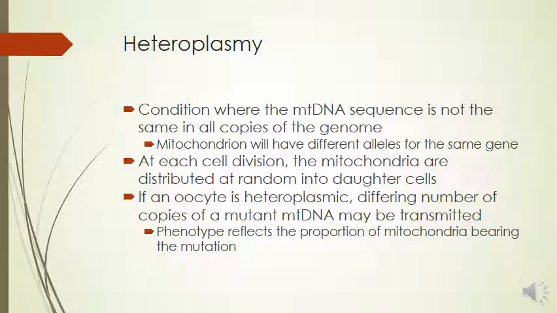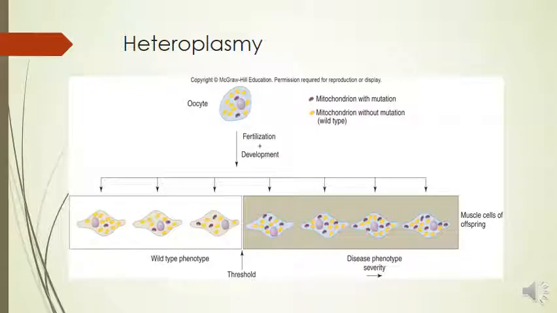If an oocyte is heteroplasmic, it has a differing number of copies of mutant mitochondrial DNA that may be transmitted, and the phenotype reflects the proportion of mitochondria bearing the mutation. Here you can see a slide showing an oocyte where the mitochondrion has a mutation and where it does not have a mutation, and what can take place during fertilization and then in development.